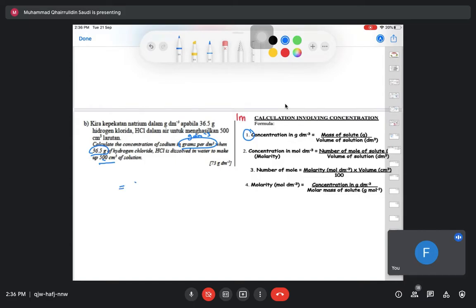So the mass is 36.5 gram divided by 500 over 1000 to change it to decimeter cube, and the answer will be 73 gram per dm cube. This will be 1 mark. Next.